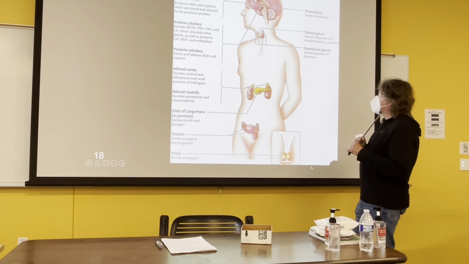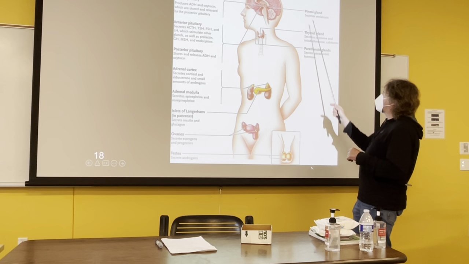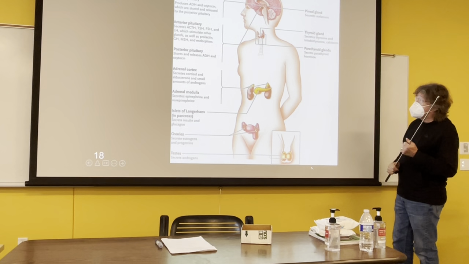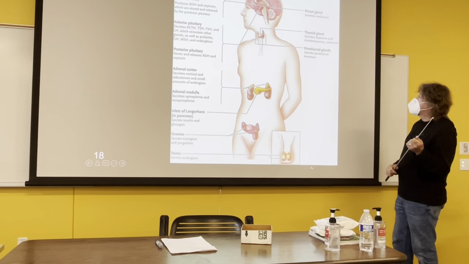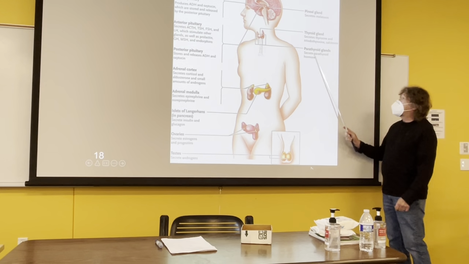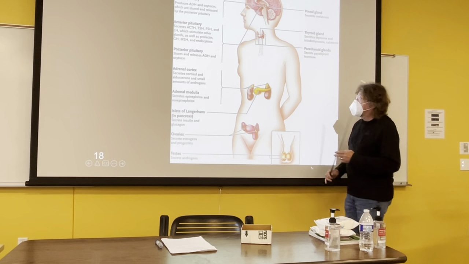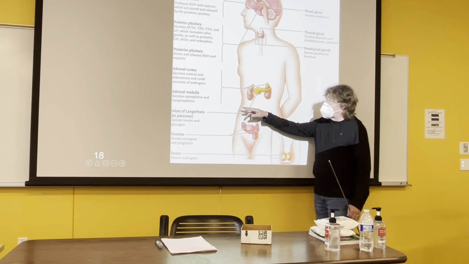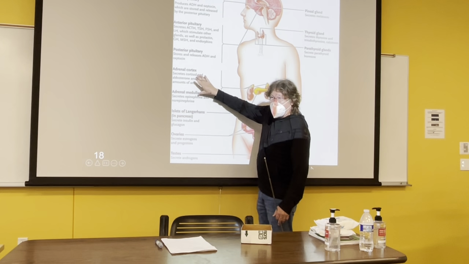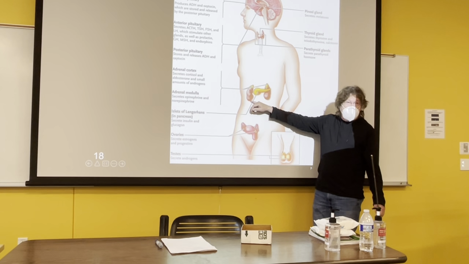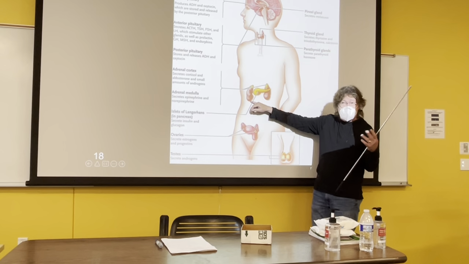Other important glands here, the thyroid gland. I'm not going to talk about the pineal gland. It secretes melatonin, but I don't want to talk about it. It's just sort of a sleepy type of thing. Thyroid, parathyroid hormones, and adrenal cortex, adrenal medulla. In other words, the adrenal gland, which sits right on top of the kidney. Like the kidney has two major layers to it, the cortex and the medulla.